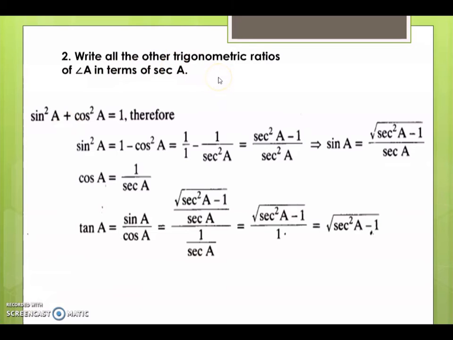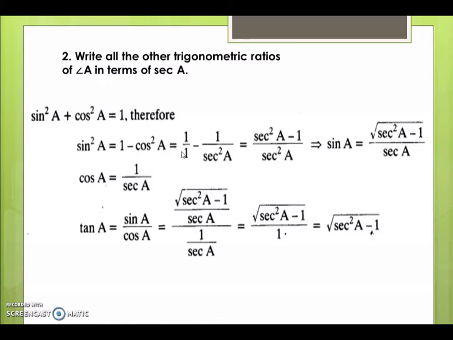Write all the trigonometric ratios of angle A in terms of sec A. So first we will use the identity sin square A plus cos square A is equal to 1, and write sin square A as 1 minus cos square A. Now since we have to express it in the form of sec A, we already know that sec A is the reciprocal of cos.